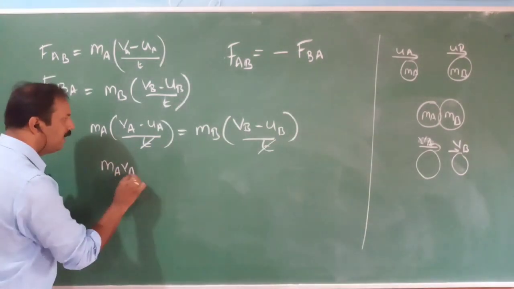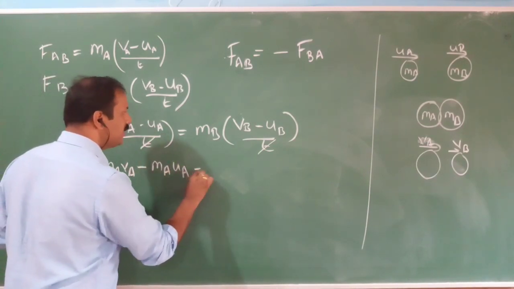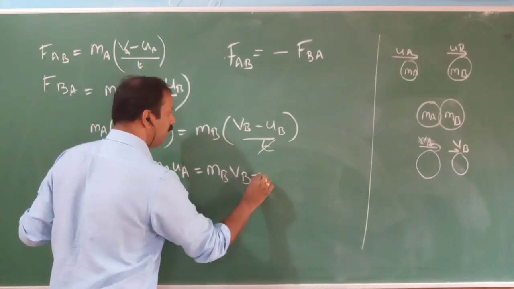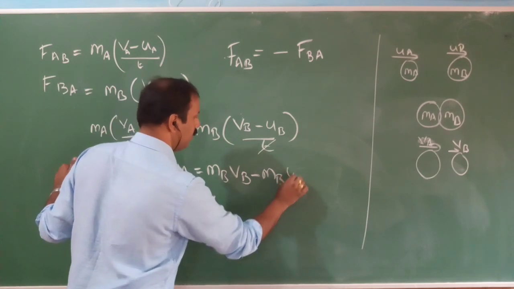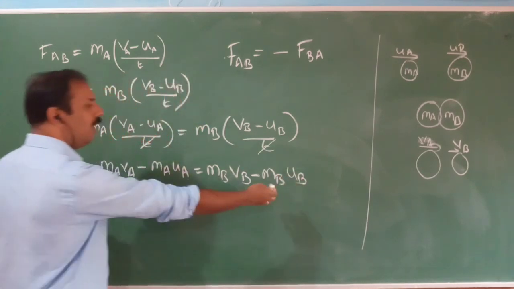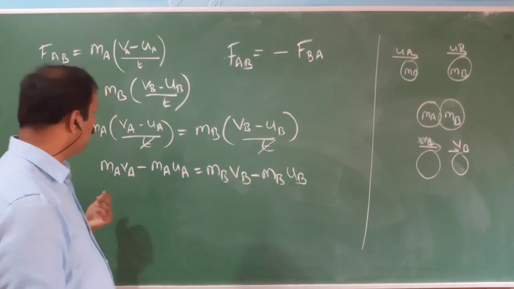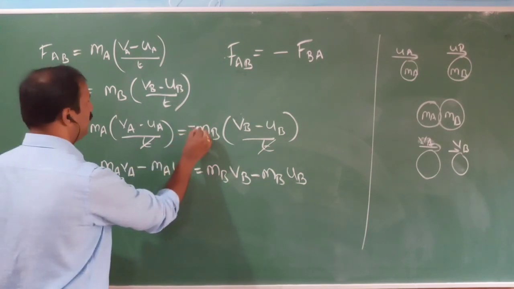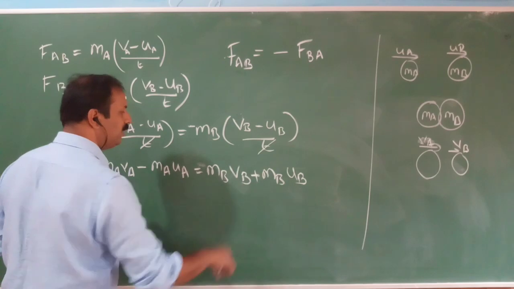MA VA minus MA UA is equal to minus MB VB plus MB UB. If you take all of this to the same side, there was a minus sign in total, and here one minus sign is there, so if you remove this minus sign, here it will become plus.